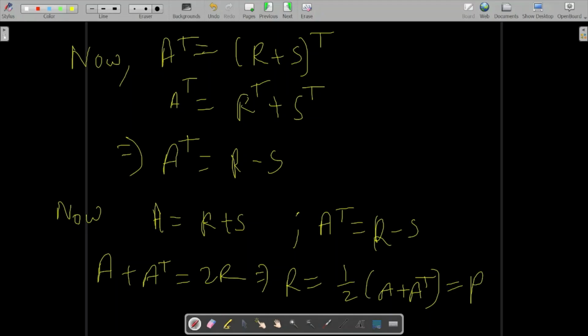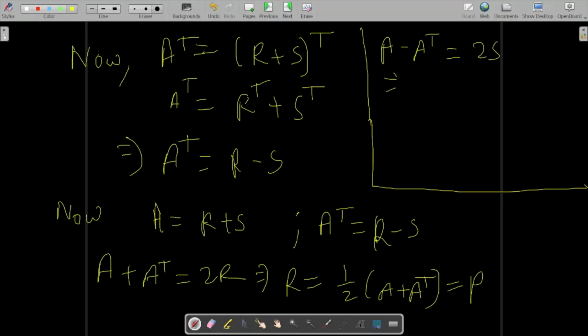Similarly, when you take A minus A transpose, you get 2S, so S will be clearly half of A minus A transpose, and this clearly proves that it is equal to Q. So the representation is unique, because we took another representation R and S, but those came out to be equal to P and Q itself.